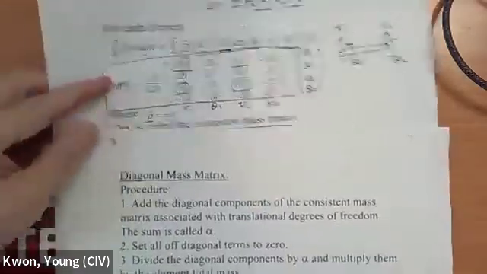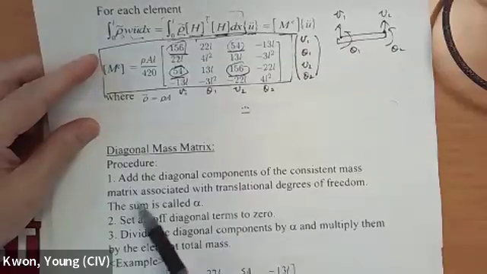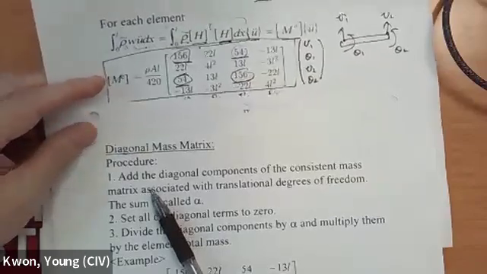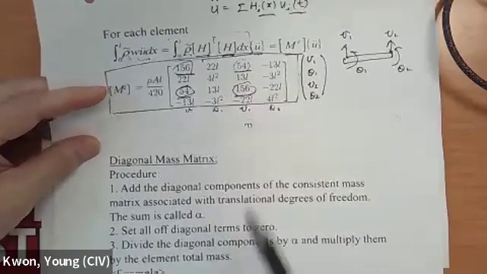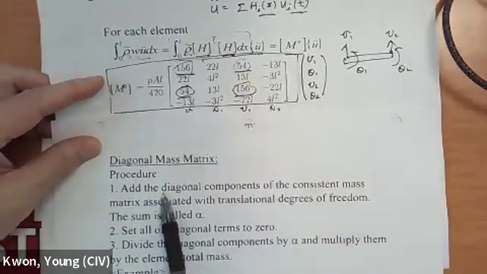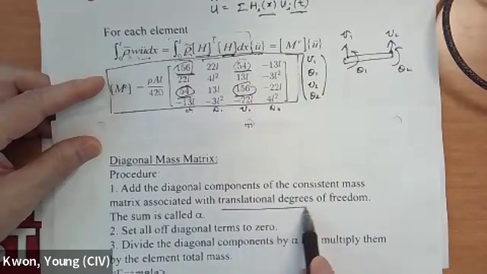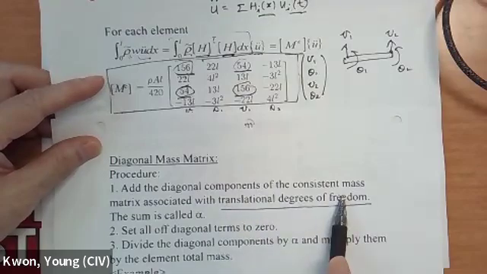In that aspect, one procedure, of course this is not the only way, is shown here. It says to add the diagonal components of the consistent mass matrix associated with only the translational degrees of freedom. Not every diagonal component, but those associated with the translational degrees of freedom.